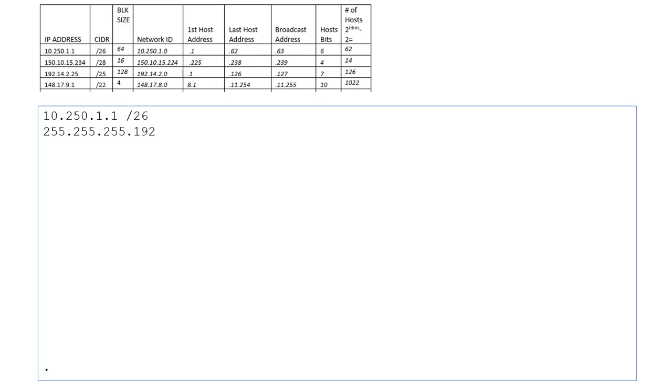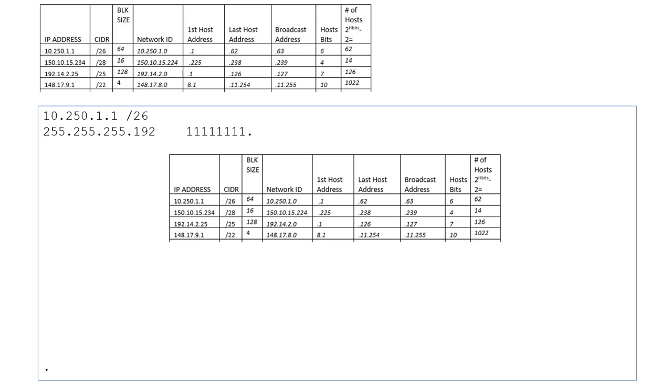And what I'm going to do is I'm going to write this out in binary so you can see this. So that's dotted decimal. Now let's do this in binary.